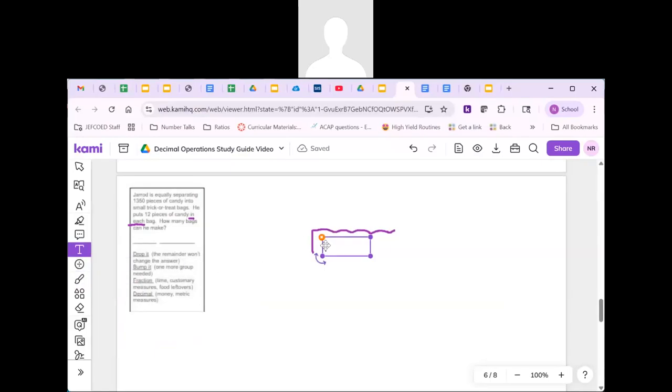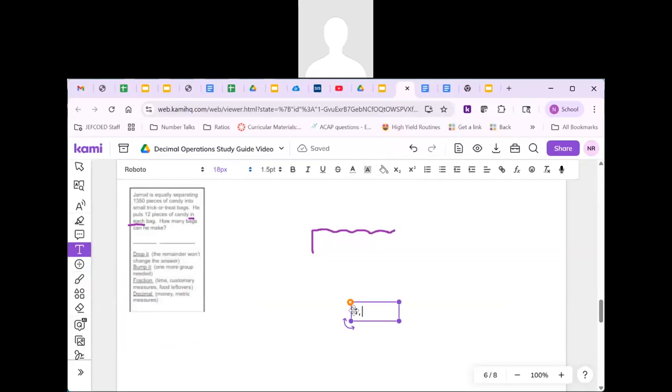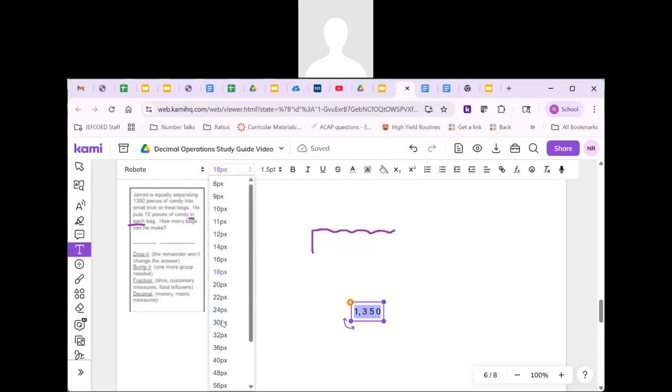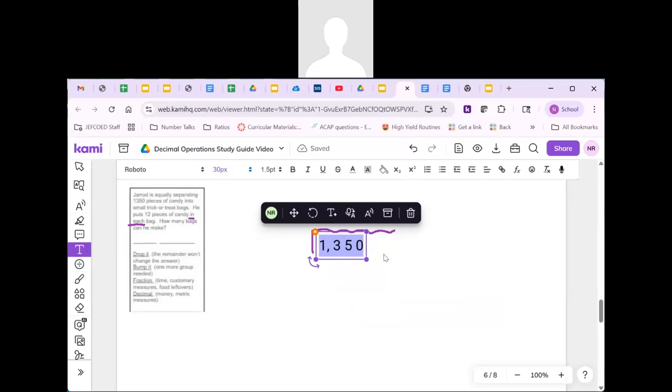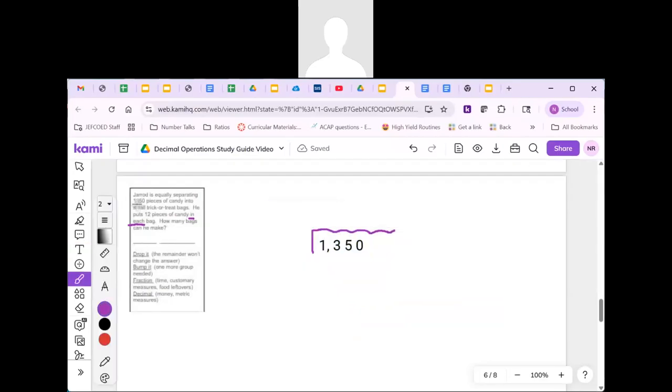All right, so here I have 1,350, and we'll make those a little bit bigger and put this under. This is my total. The total is the dividend, right? But it's 1,350 what? So I have to go back to my problem to look. 1,350 pieces of candy.